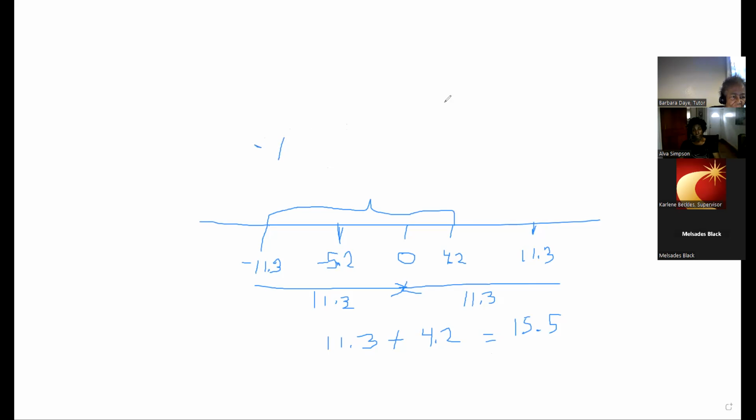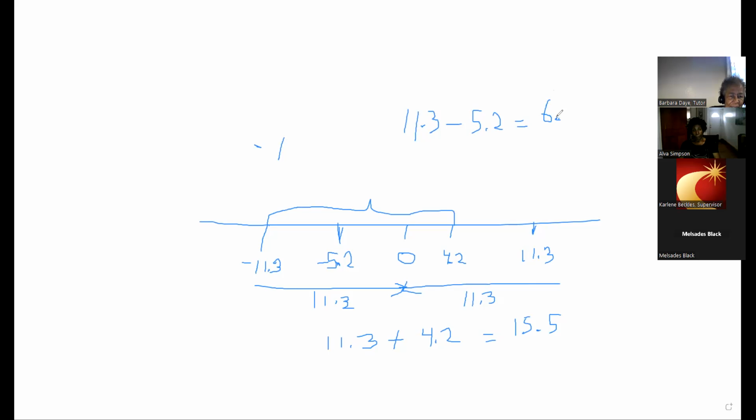I'm just getting 11.3 minus 5.2. What is that equal to? Just subtract them. 6.1. So that's your distance.